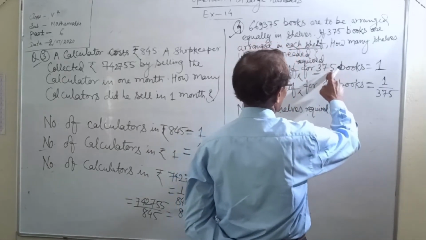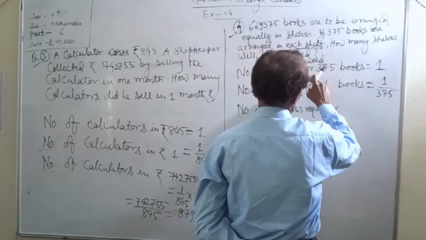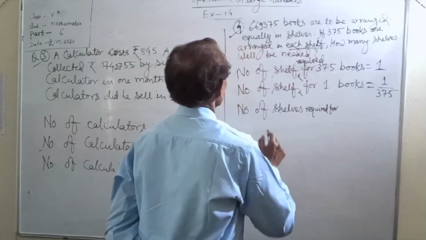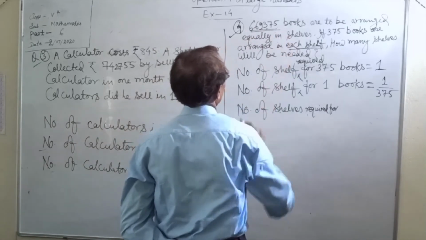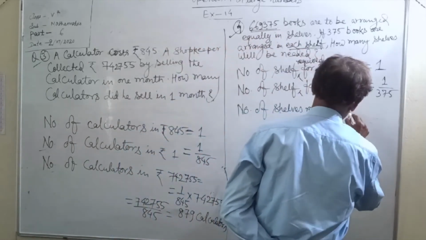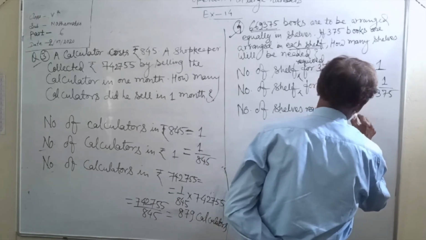In the first statement, 375. Again for 1, and again for that value for which you have to find out the number of shelves, and that value is 69,375.